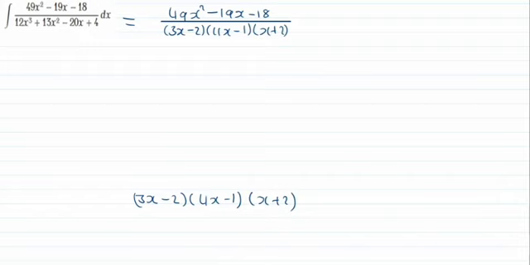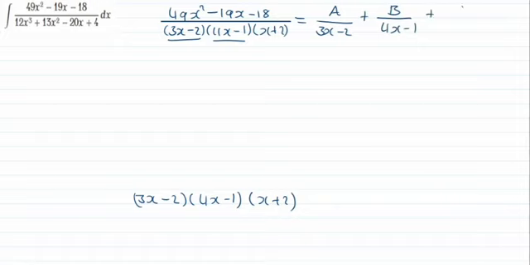So we're going to say whatever we are having here is supposed to equal A over, we're going to get one linear factor here and put it under A, so it will be 3x minus 2, then plus B over, we'll get this other factor which will give us 4x minus 1, plus C over the last factor, which is x plus 2. This is how we distribute linear factors.